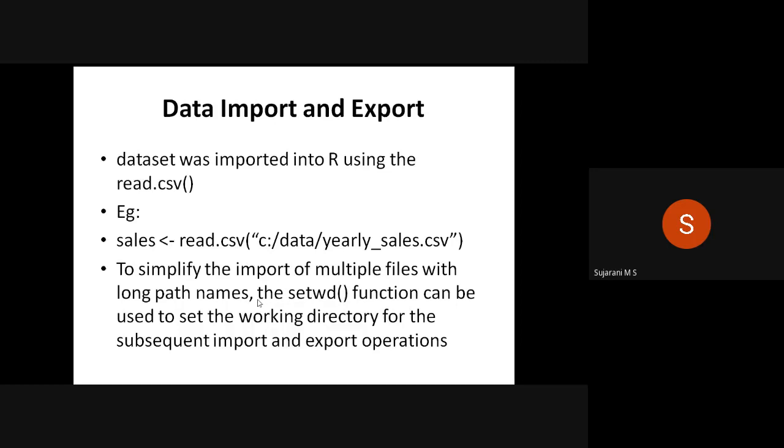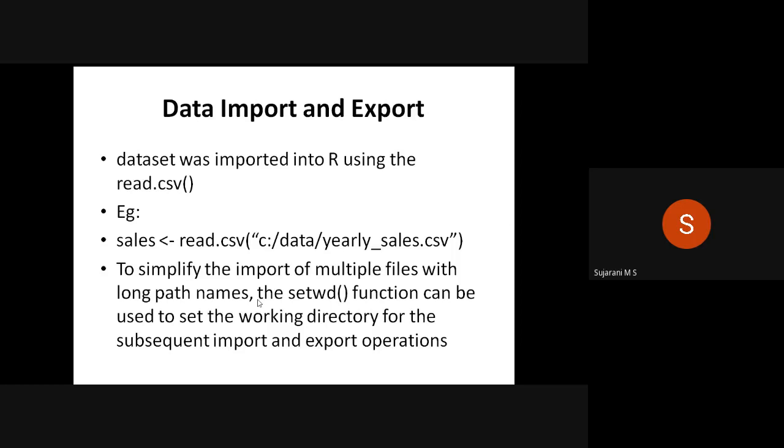In this example we can see sales, arrow mark, read.csv, and in the bracket we have specified the file name including its path: c.data/yearly_sales.csv.